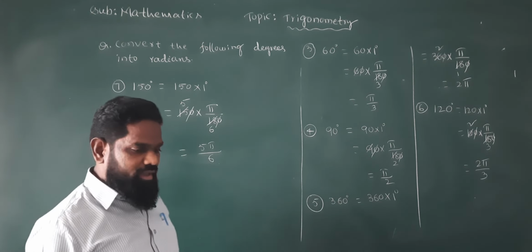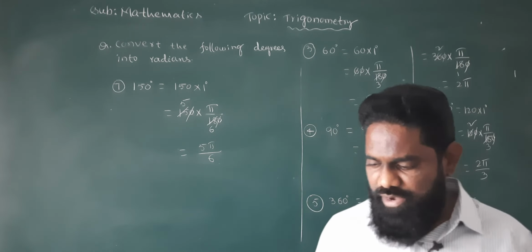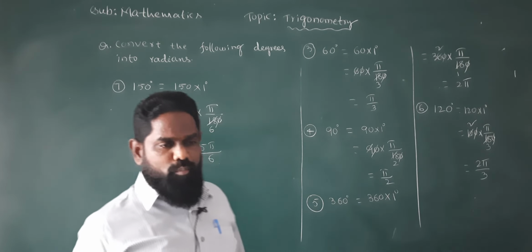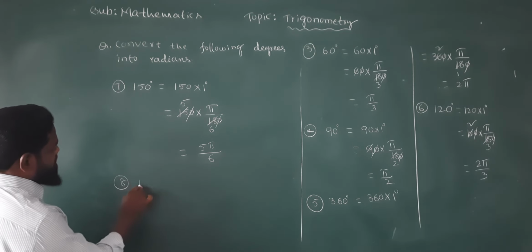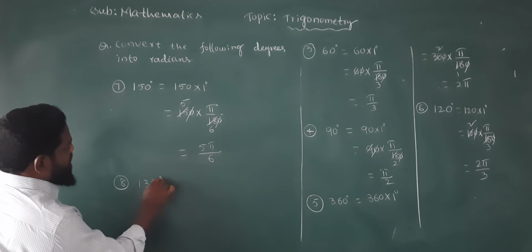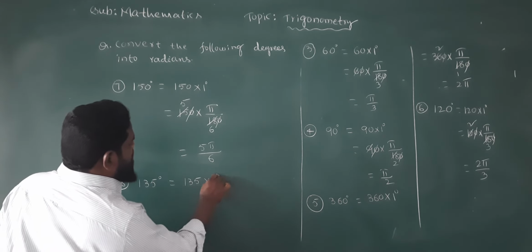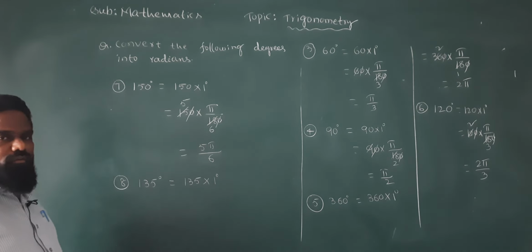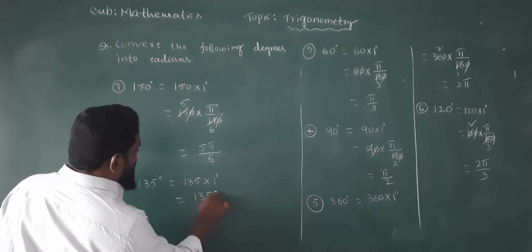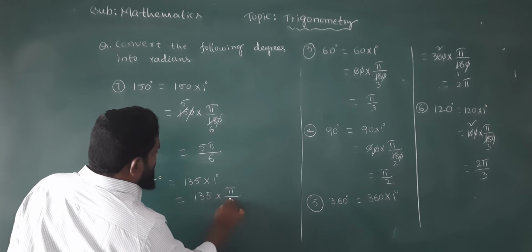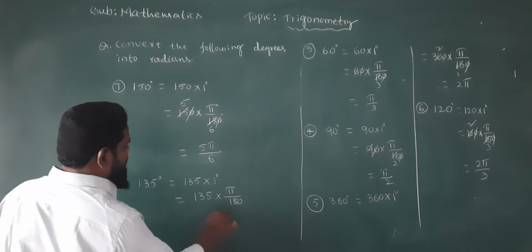This is the way of converting the degrees into radians. We can do one more problem. 135 degrees. Let us see how do we convert. 135 can be written as 135 into 1 degree. 135 into 1 degree equals pi by 180 radians.